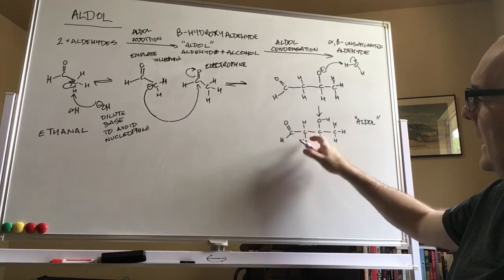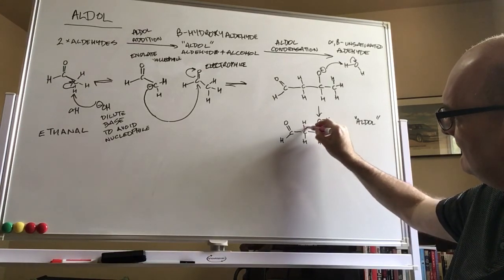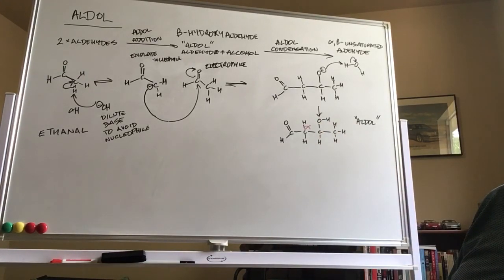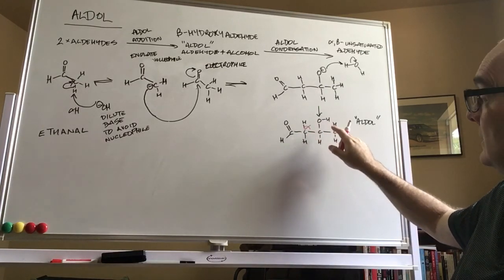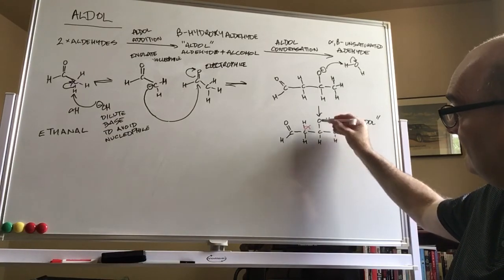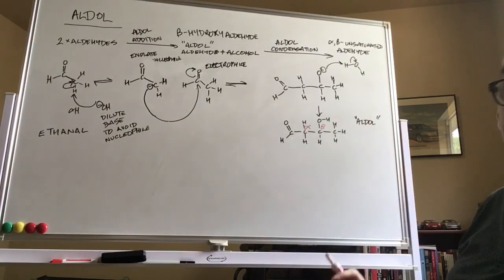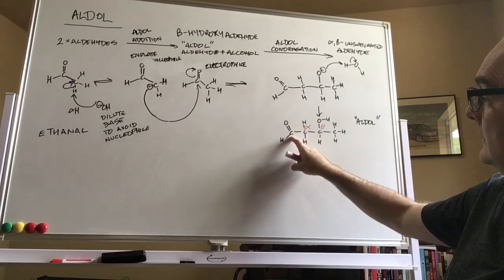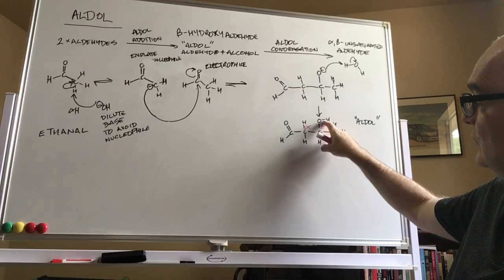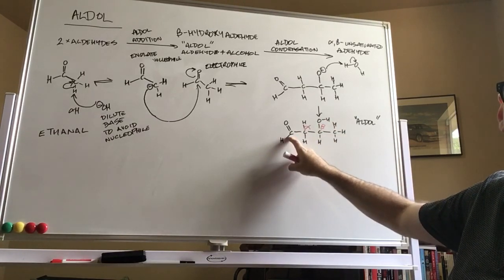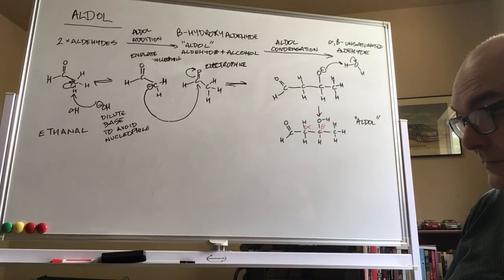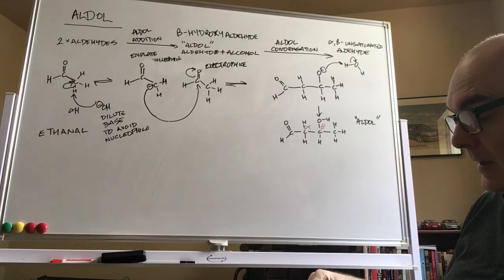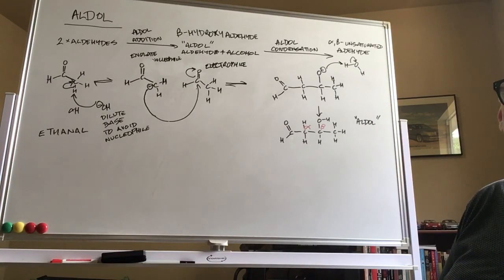One position away from the aldehyde is the alpha position. One further position away from the aldehyde is the beta position. So this is a beta hydroxy aldehyde. And whenever you do a mechanism that is an aldol, at this point, check your facts.